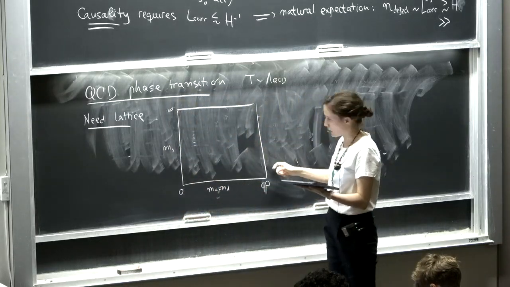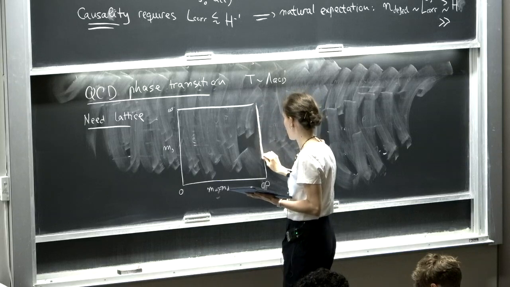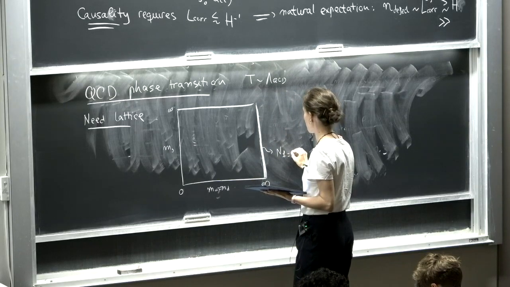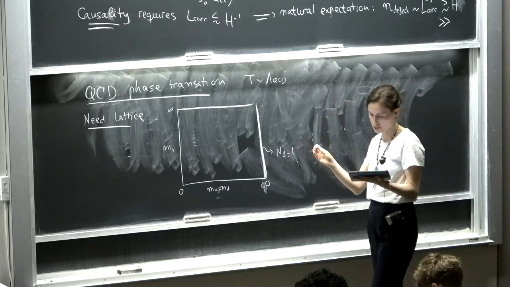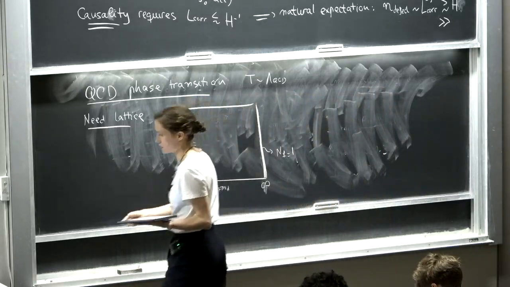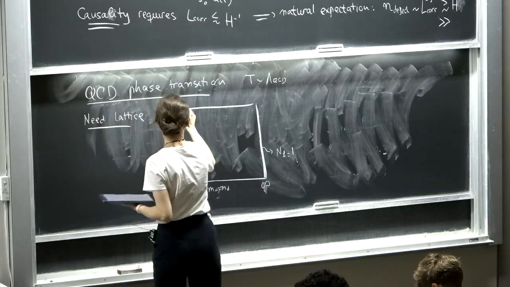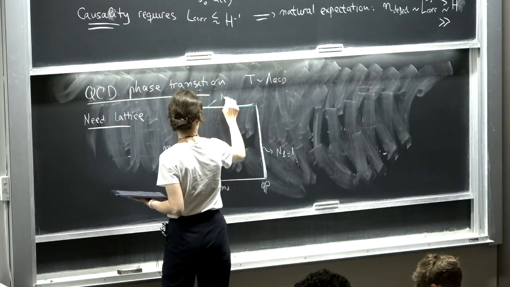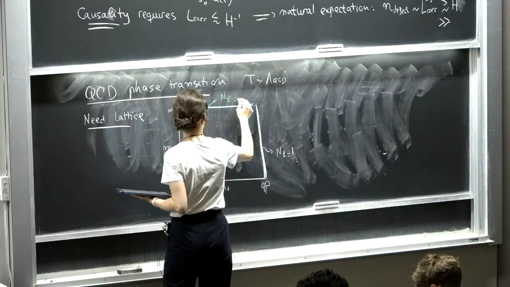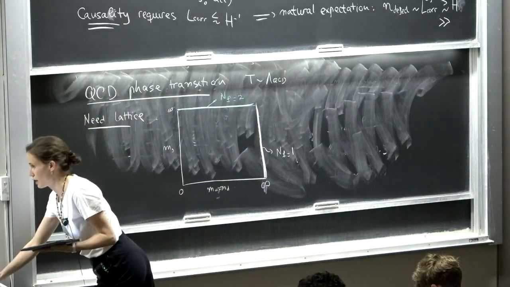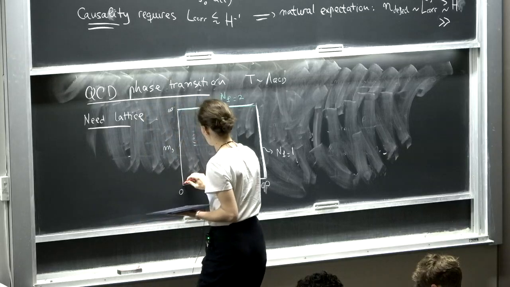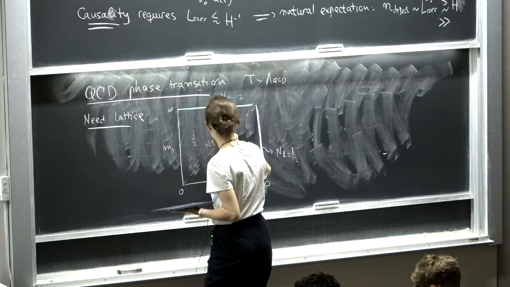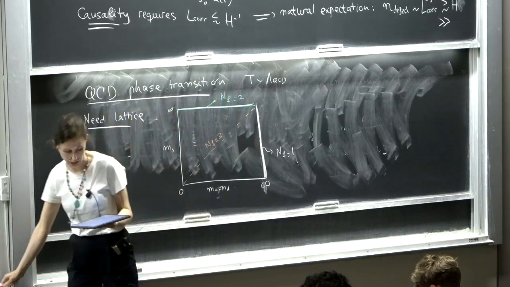This line here, where the mass of these two goes to infinity, corresponds to the one flavor case. This other horizontal line here, where the mass of the strange quark, m_s, is infinite, is the two flavor case. And this diagonal line here, where everyone is massive but not infinitely massive, would be the three flavor line.